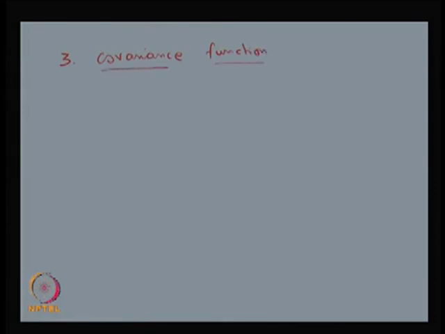How to define the covariance function? Covariance function in notation is C of s comma t, that is nothing but the covariance of two random variables X s comma X t. Since it is a collection of random variables, for each t you will have one random variable.